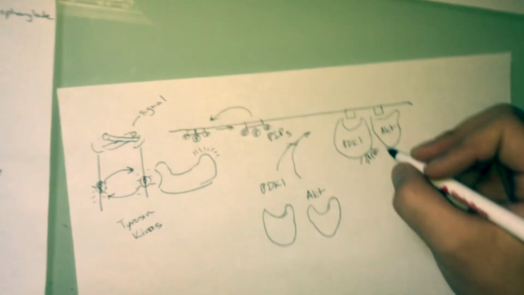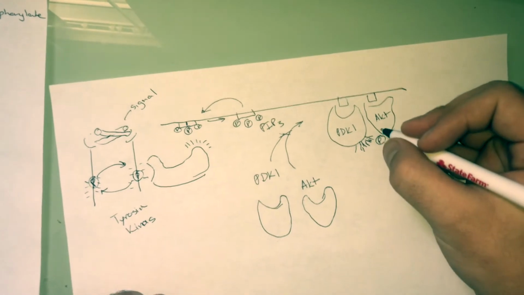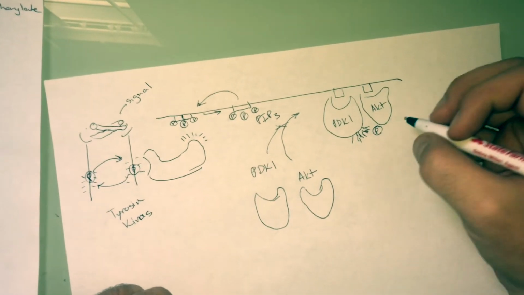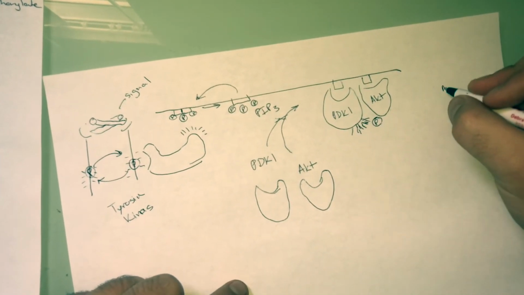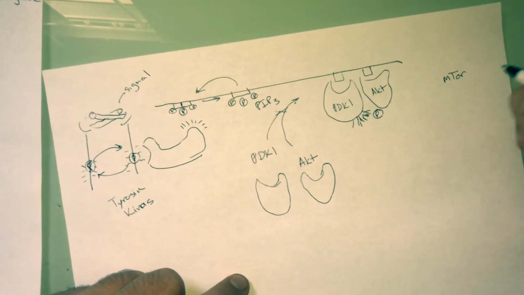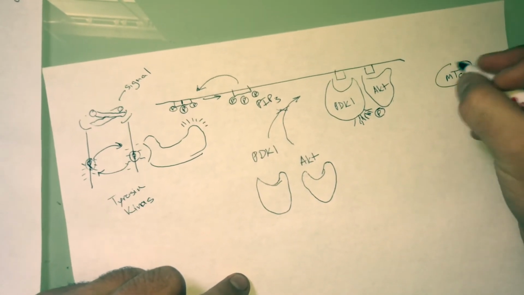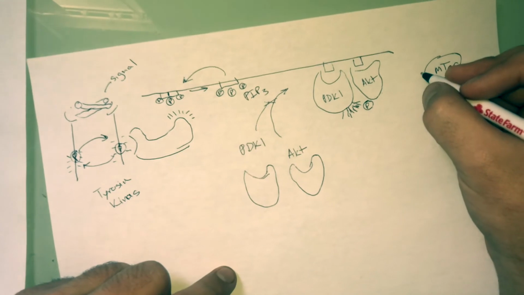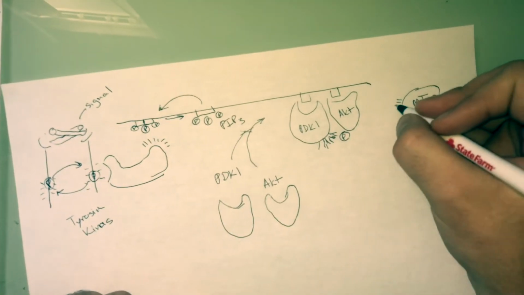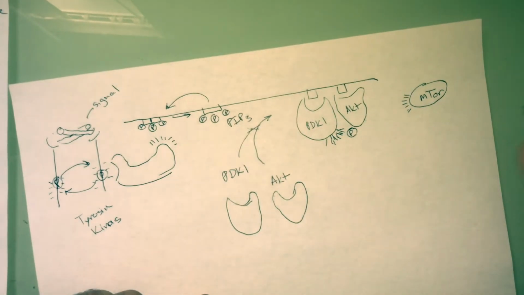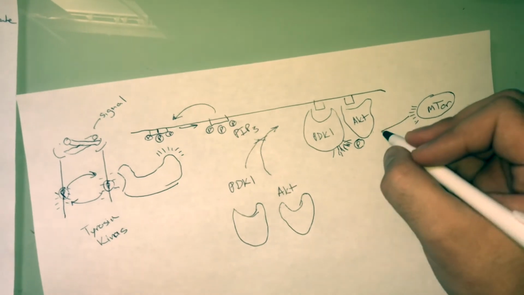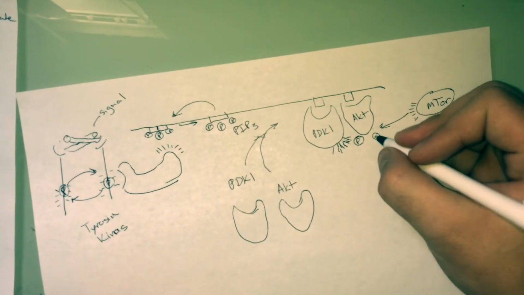AKT becomes activated by the PDK1 to institute a phosphate group, and another protein, mTOR, comes and is already activated. mTOR will come and activate AKT as well.